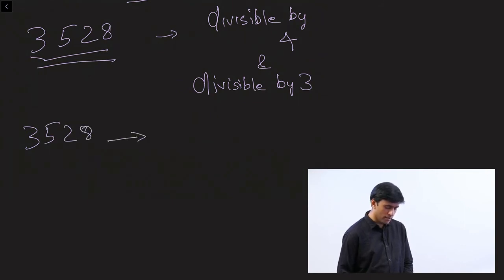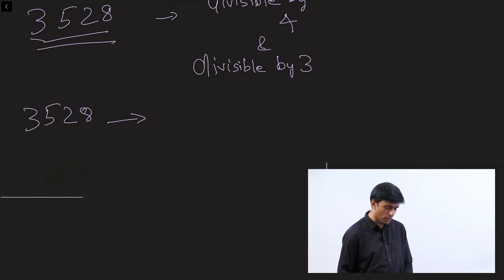Let's check if this number is divisible by 4. How do you check if the number is divisible by 4? You need to see if the last two digits are a multiple of 4. 28. That's right, 4 times 7. So it is divisible by 4. Now you need to see if it is divisible by 3.